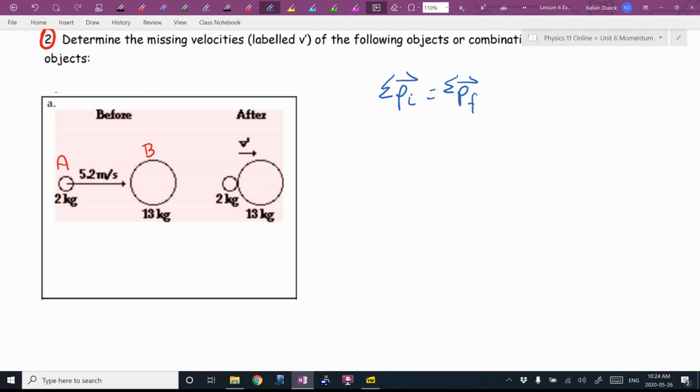Before the collision, what's moving? It looks like just mass A because this one doesn't have a velocity attached to it. So I think it's going to look like this. The mass of object A, velocity of object A initial, wham, they collide, and it looks like they stick together.